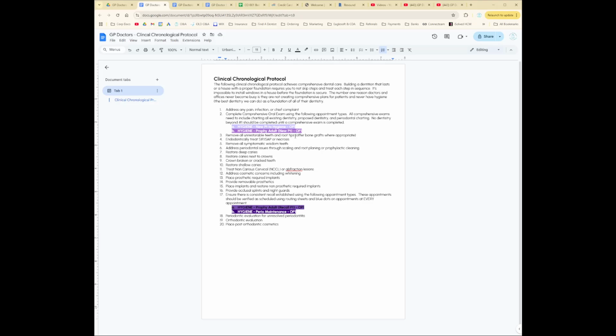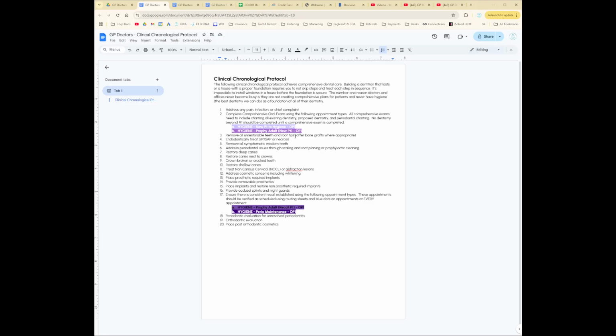Then we're going to treat the non-carious cervical lesions or the abfraction lesions. Then we're going to address cosmetic concerns, including whitening. Now that our teeth are whitened, then we can start adding in or building more teeth that the patient may want. So then we'll place prosthetic required implants. So if we're going to have a partial around an implant tooth, obviously we should make that tooth before we make the partial.